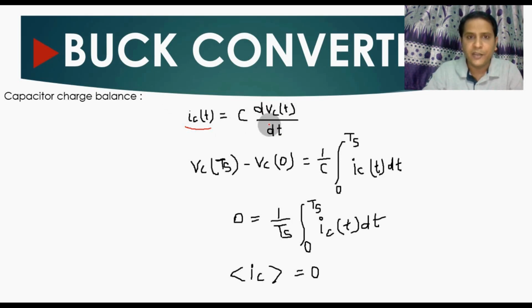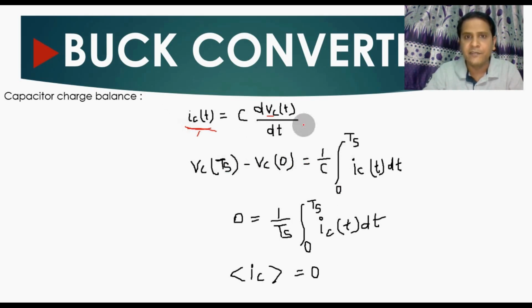So you already know the voltage across the capacitor would be vC over a time period Ts minus vC over a time period 0, which equals 1 by C. You have to integrate this, right? You have to integrate from 0 to Ts over this iC(t).